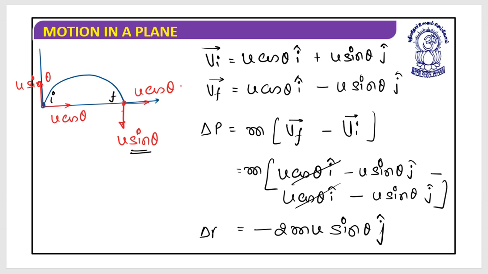This is the change in momentum. If they require it in magnitude, then the value is positive: 2 m u sin theta. I hope this is clear. Is it clear?